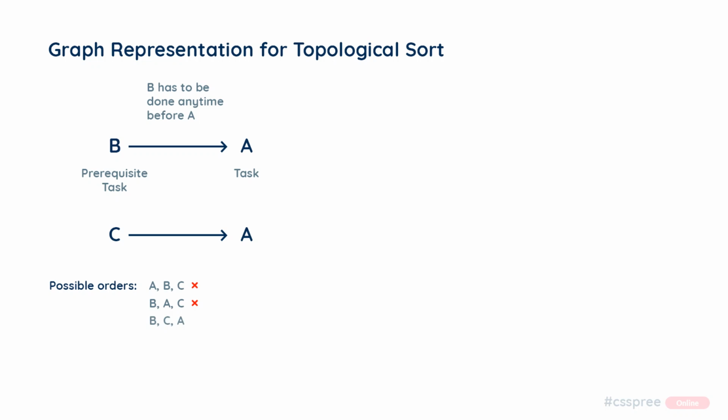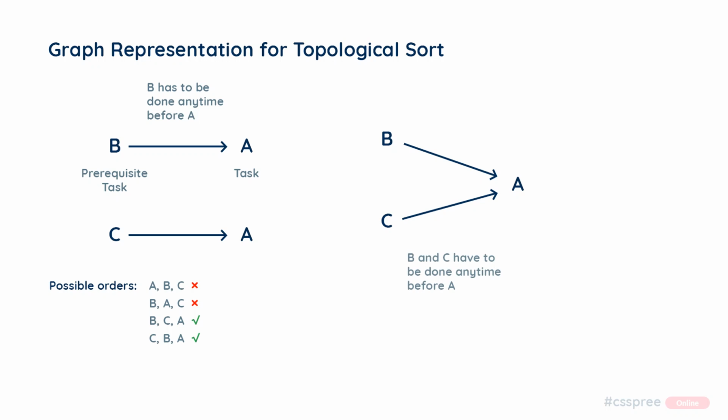Another possible order is BCA, where both the prerequisite tasks B and C are completed before A, so it matches our condition and is valid. Another possibility is CBA, where both prerequisites B and C are also completed before A. So we can now draw an acyclic graph which indicates that both B and C are prerequisites of A. In other words, B and C have to be done any time before A.